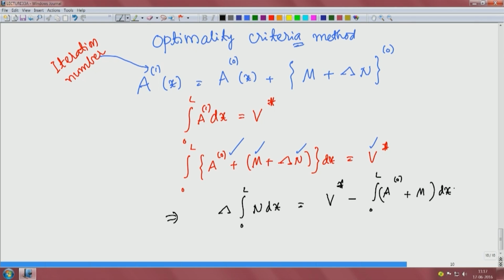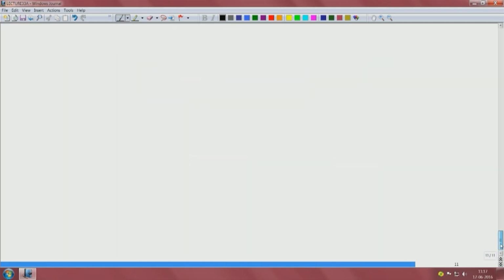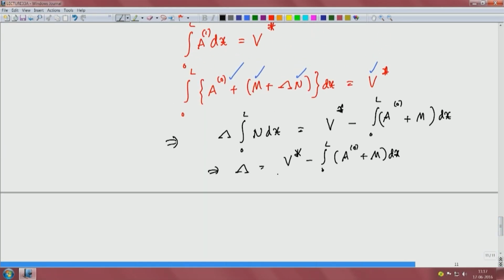I have taken this to the other side, so what I get is lambda is V star minus integral 0 to L A0 plus m dx, divided by integral 0 to L n dx.